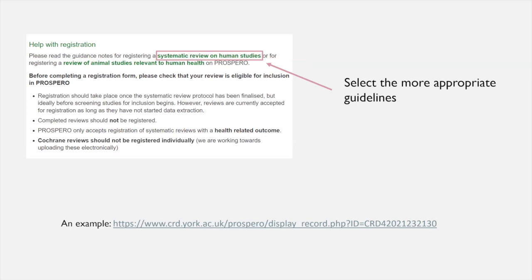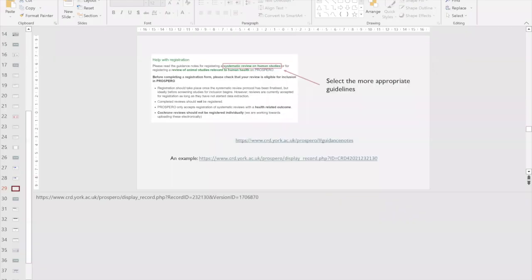So then, within the guidelines, we can choose, for instance, the systematic review of human studies, and we have all the process, so we can prepare in advance and then just start our process in Prospero when we have everything detailed. So let's see an example of it.